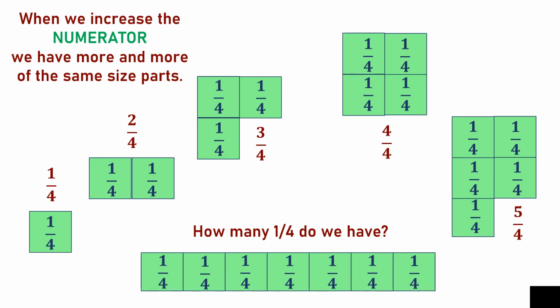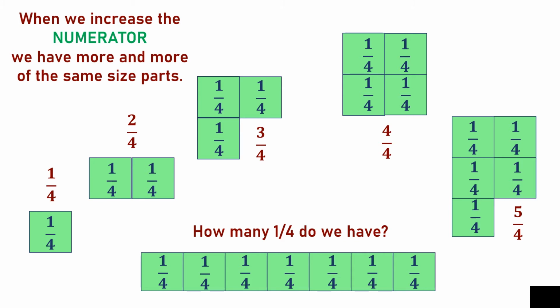When we add fractions that share the same denominator, or when we multiply fractions by a whole number, we're just counting up how many of the same size parts we have. Let's look at these fourths in an area model.